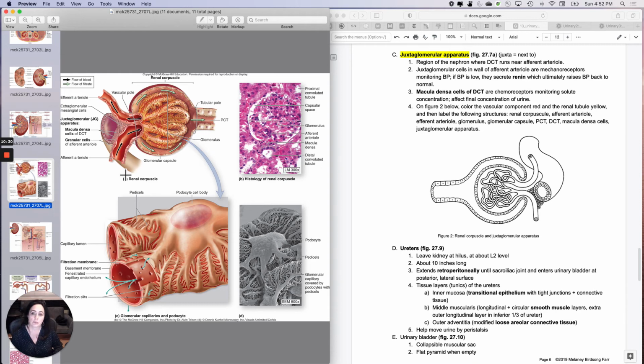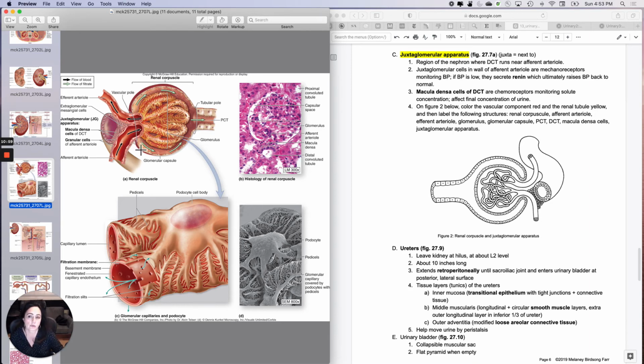Basically, there are cells in the wall of the afferent arteriole that are monitoring pressure, because pressure is really important since you're about to do filtration. And then there are cells in the wall of the distal convoluted tubule that are monitoring the chemical content of the urine because you're almost done with it. The juxtaglomerular cells, which are in the wall of the afferent arteriole, are pressure monitors.